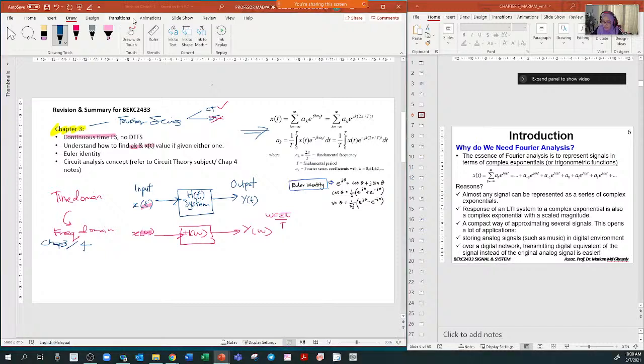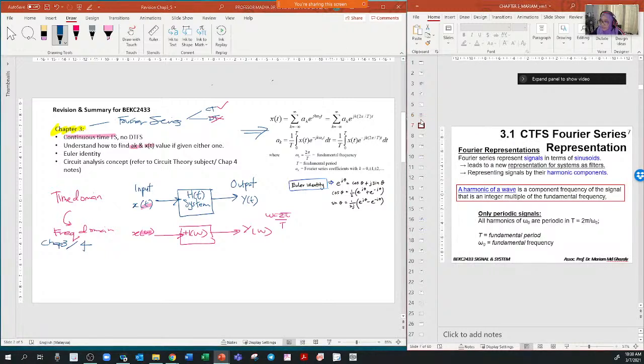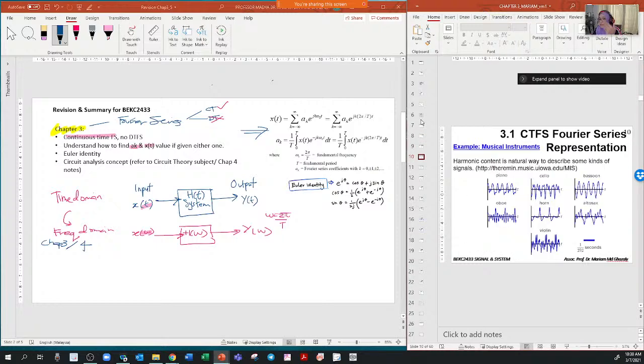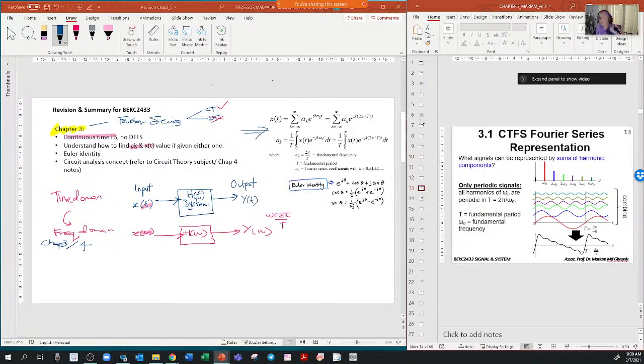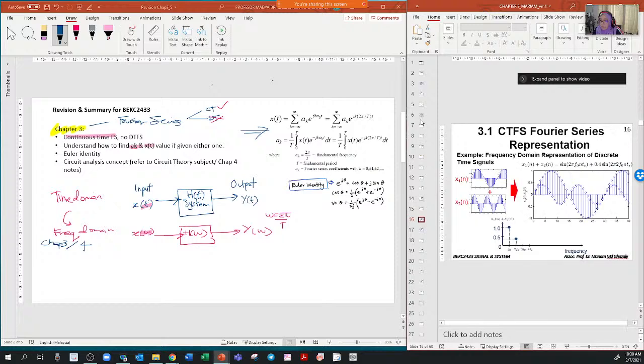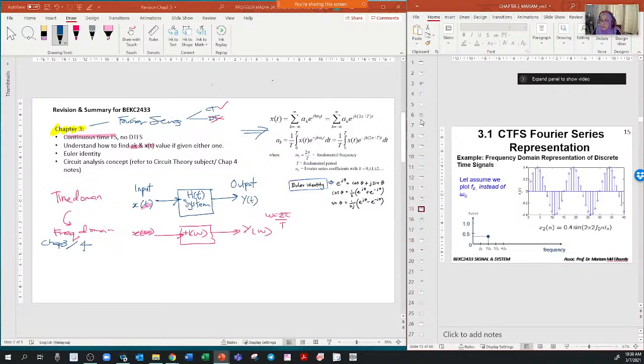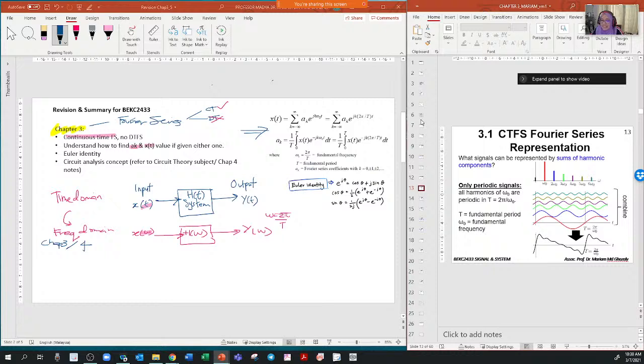Not sure why the tab is lagging. So this equation, you can find in the chapter 3 notes, the PowerPoint on the right side. You can go through the slides again later in the video. What you did was to get the Fourier coefficient.